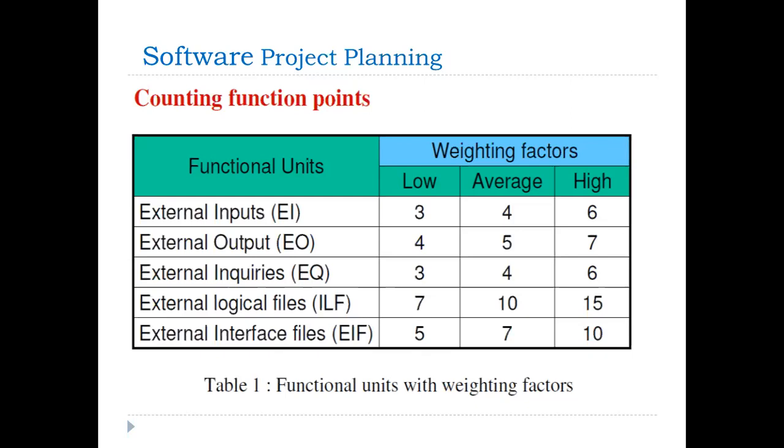These are the 5 parameters, and they define the weighting factors: low, average, and high. These are the categories that define the weighting factor of the function point while we are calculating the function point.